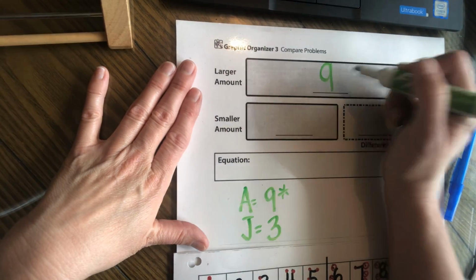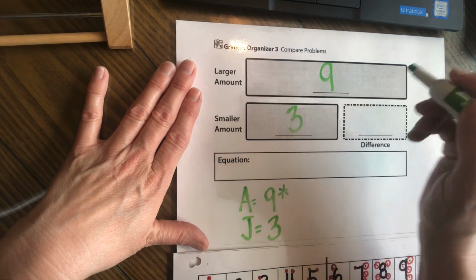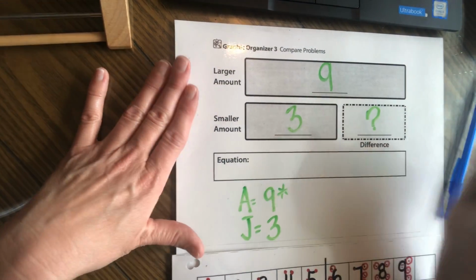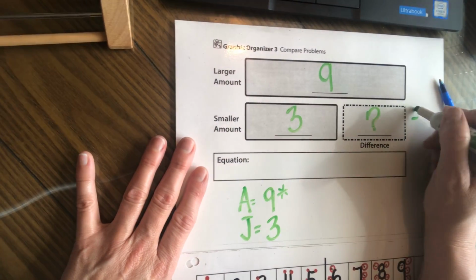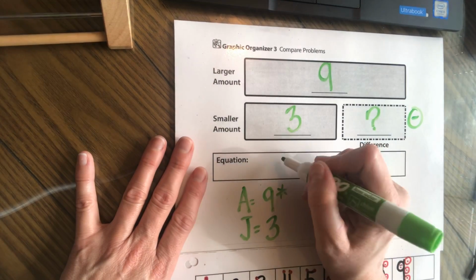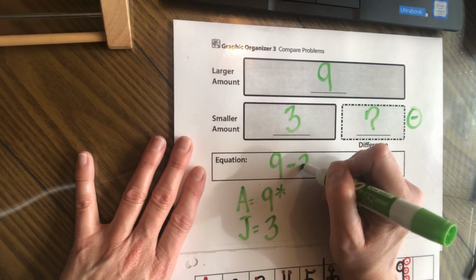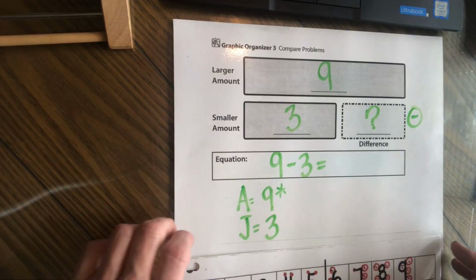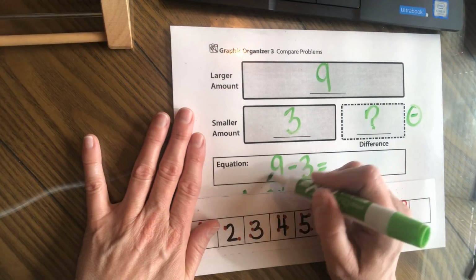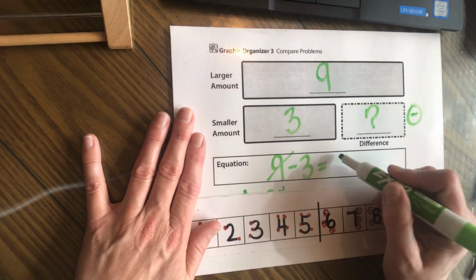So 9 is the large amount, 3 is the small amount, and we are looking for the difference, which in math means subtract. Large amount minus small amount, 9, 8, 7, 6. All right, let's check.